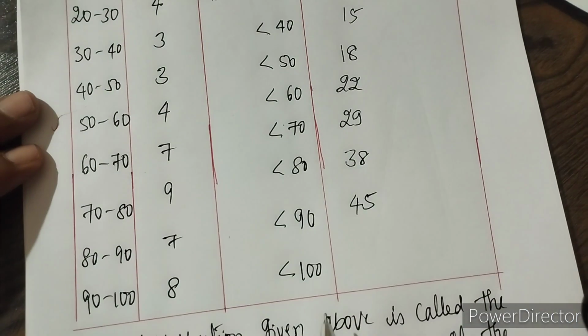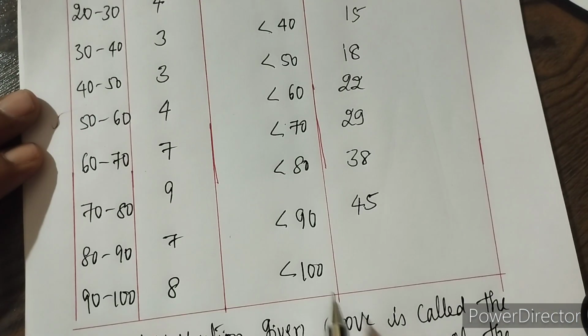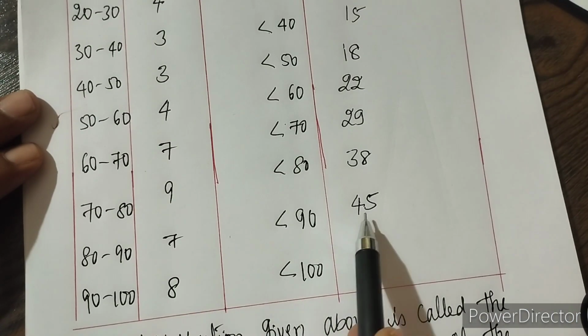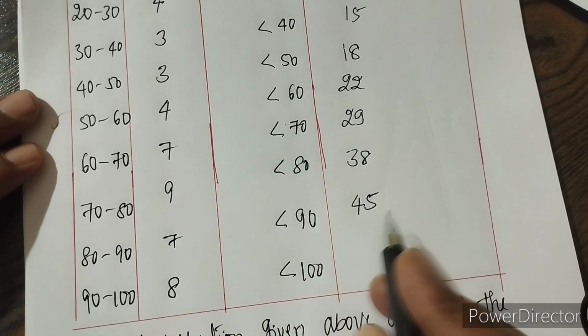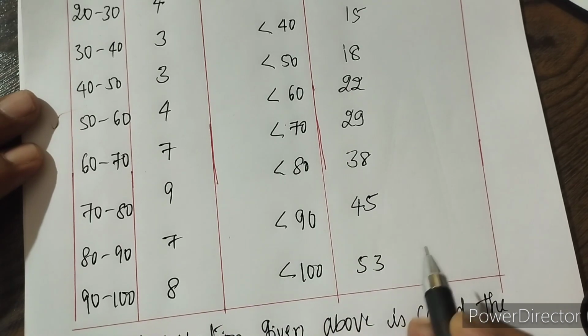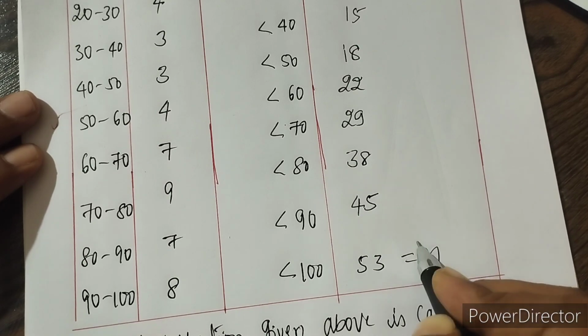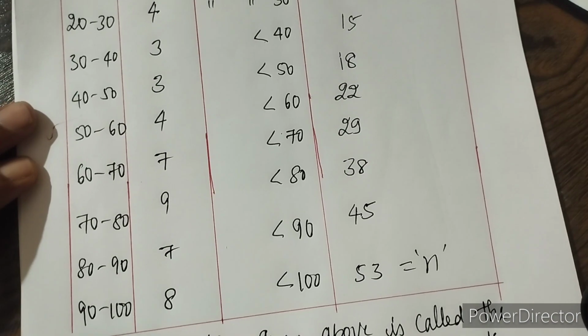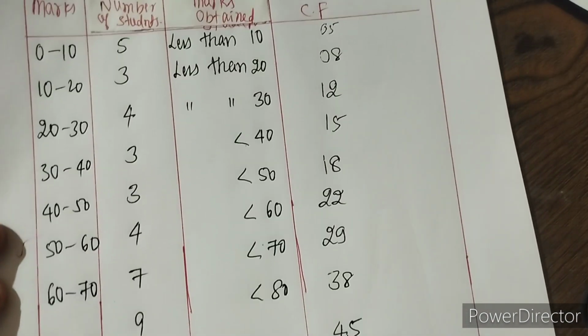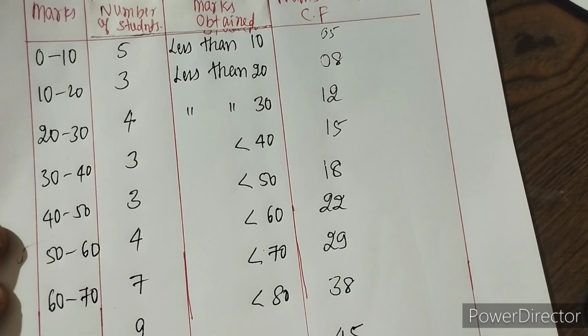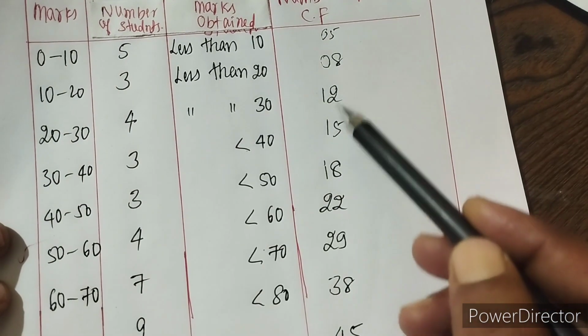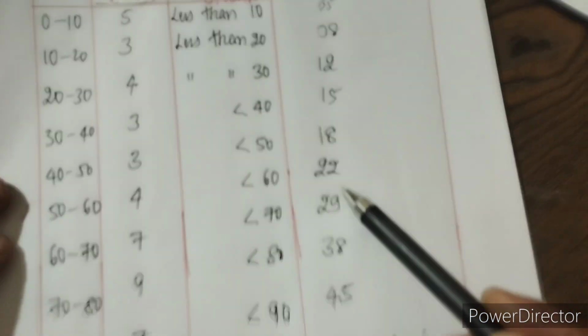Less than 100: 45 plus 8, which is equal to 53. Here 53 is the total number of students. The cumulative frequencies are 5, 8, 12, 15, 18, 22, 29, 38, 45, 53.